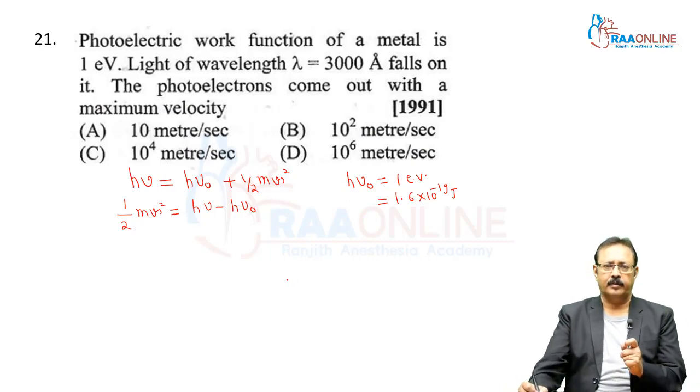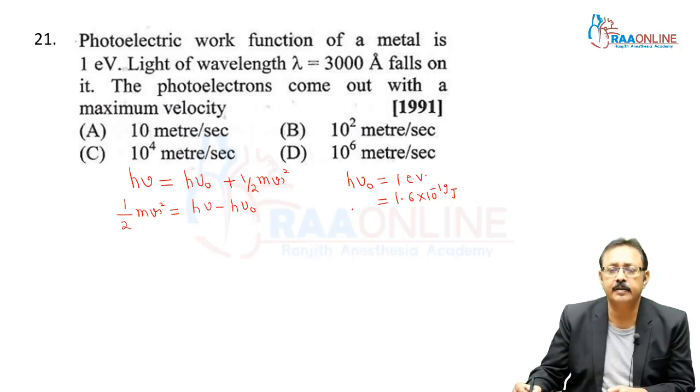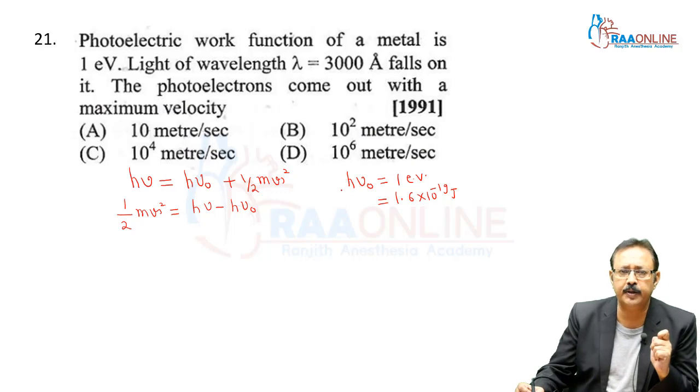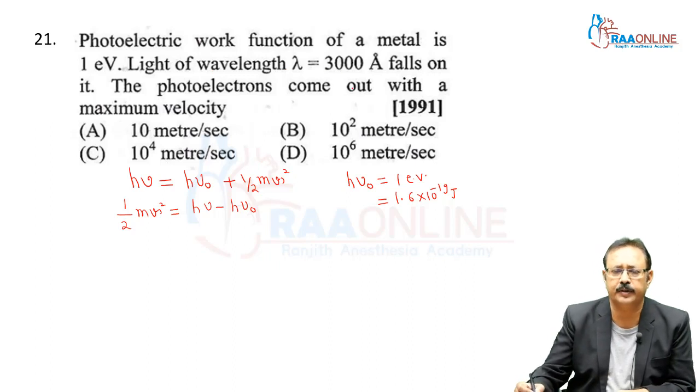This photon was sent by you towards the metal surface. The work function is the minimum energy needed to eject an electron, and you send light of wavelength 3000 angstrom.